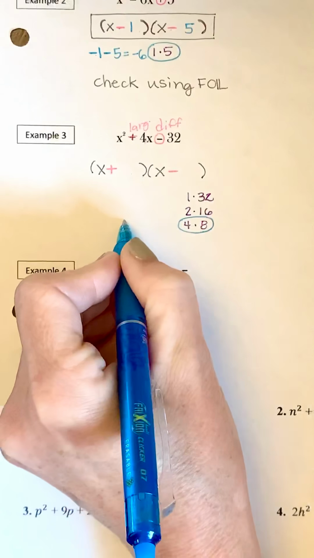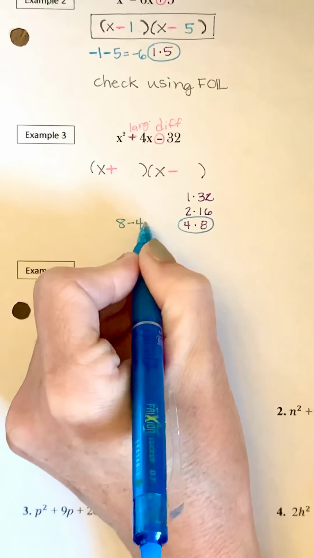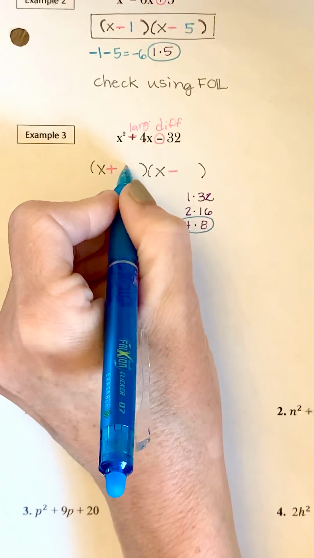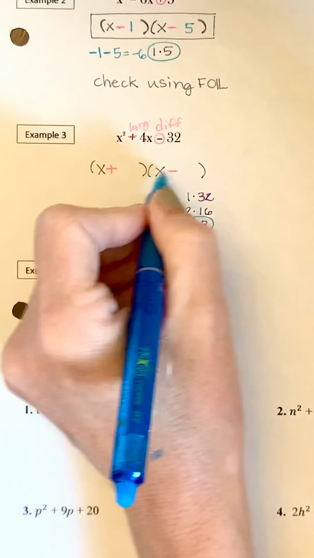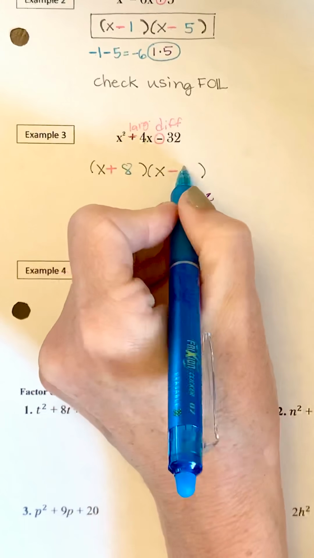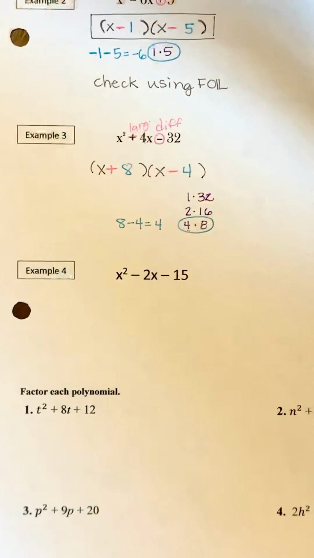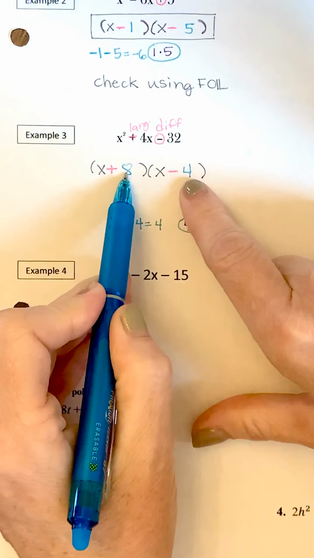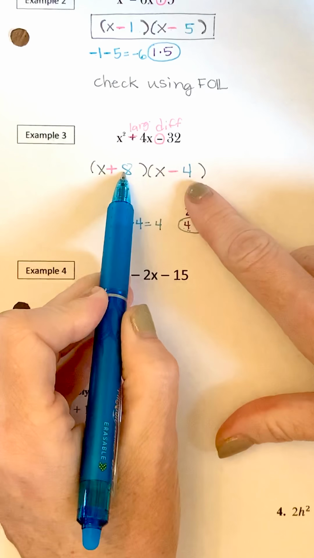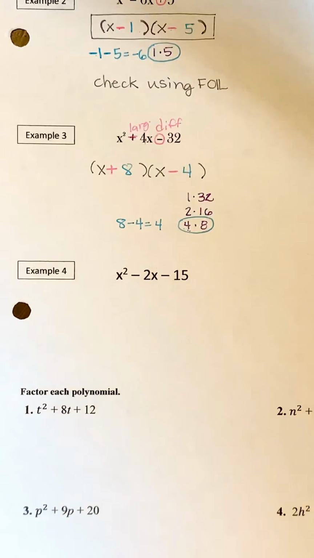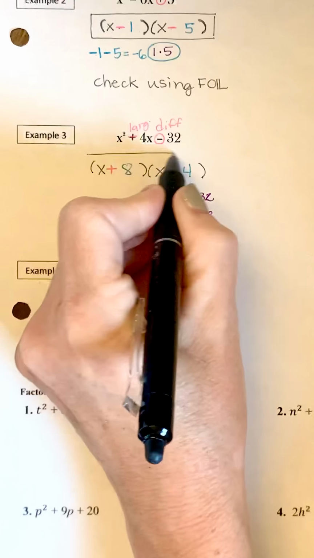Here we go. Okay, so +8 minus 4 will equal 4. That's how I know that 4 and 8 will go here. But remember, the larger number is positive, so a +8 and a -4 gives me a +4. So these two numbers add together to give me 4, and these two numbers multiply together to give me a negative 32. So that's the answer.